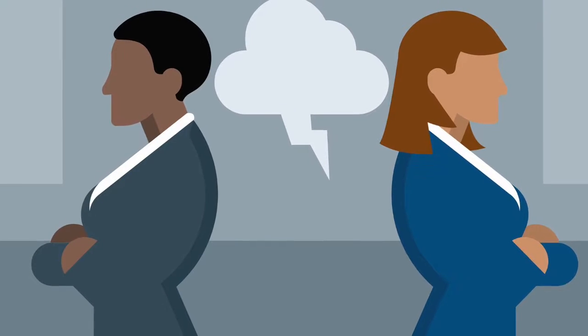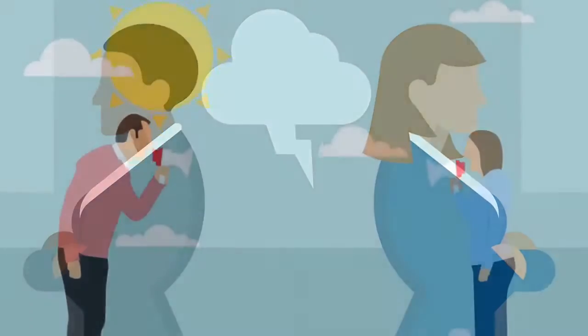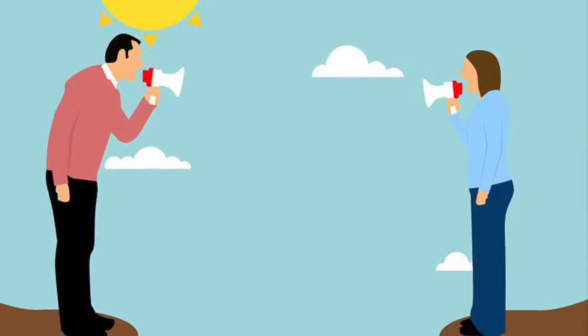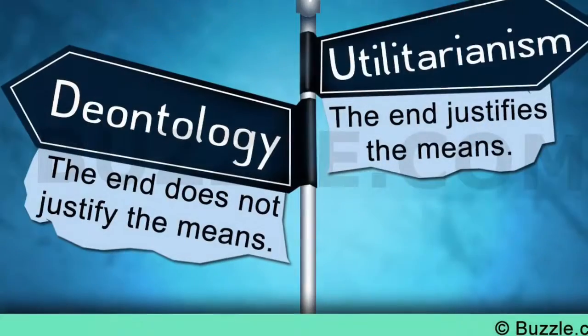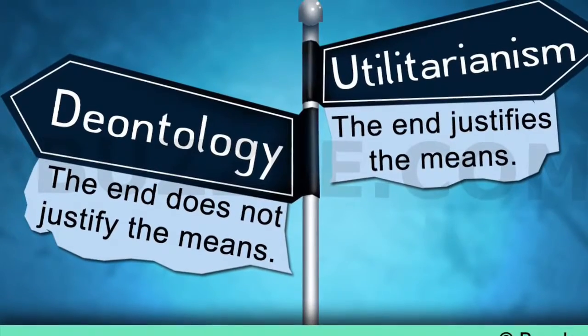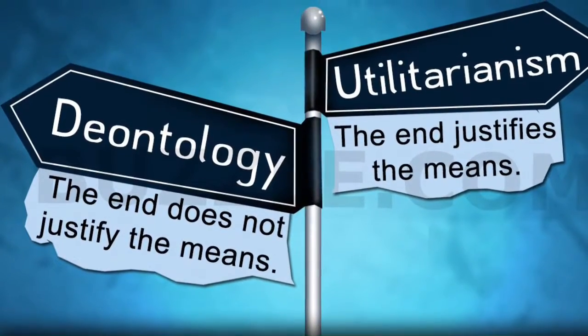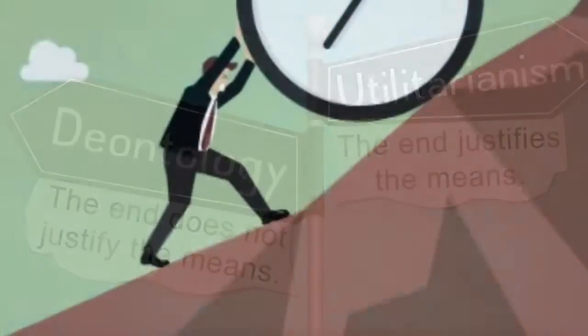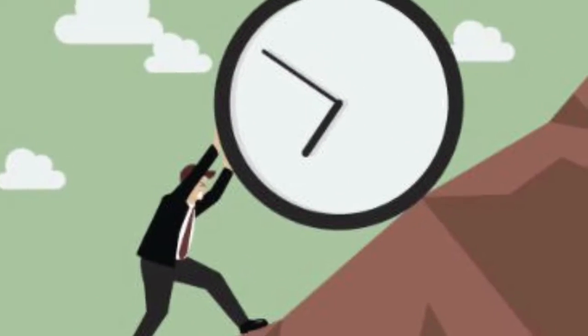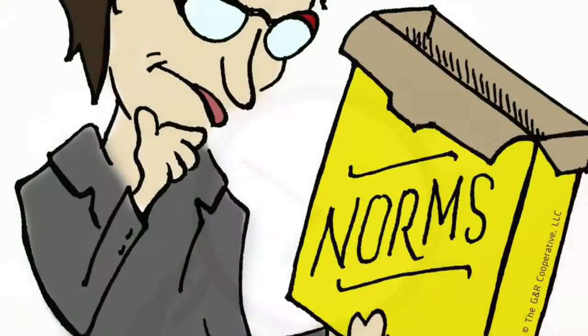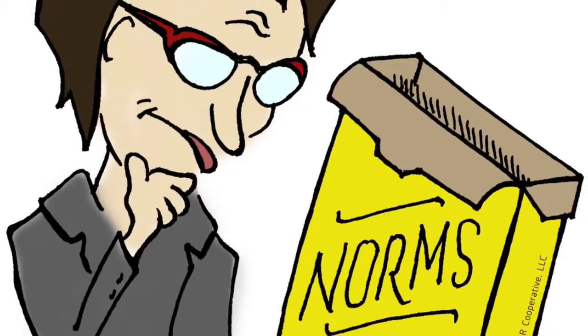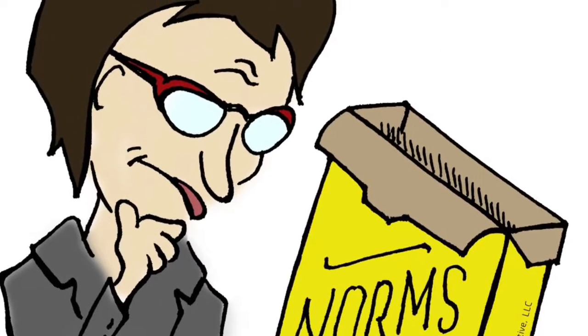When ethical principles conflict with one another, we find it difficult to make ethical choices. Some philosophers criticize both utilitarians and deontologists, arguing that most people make ethical choices not through an extended process of ethical reasoning, but by resorting to norms derived from their particular culture.